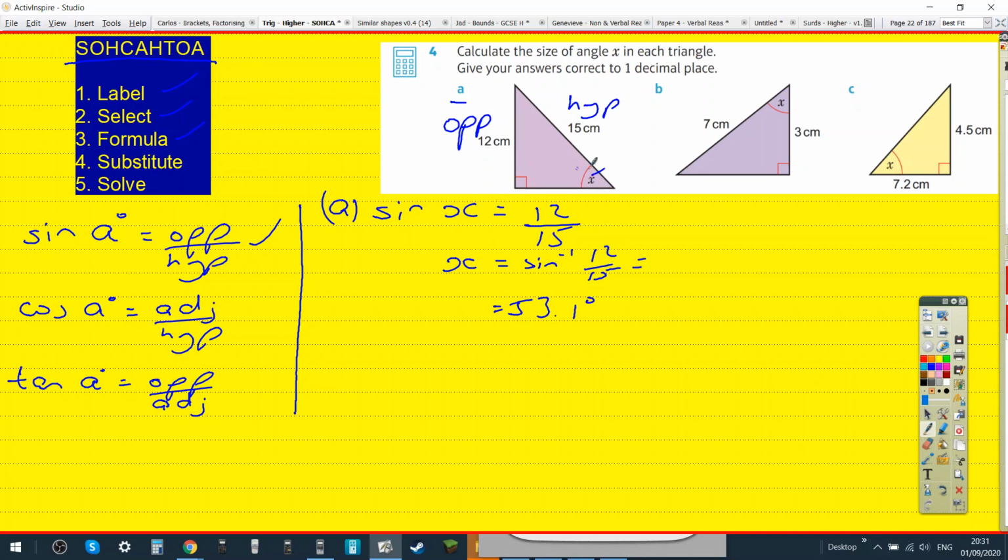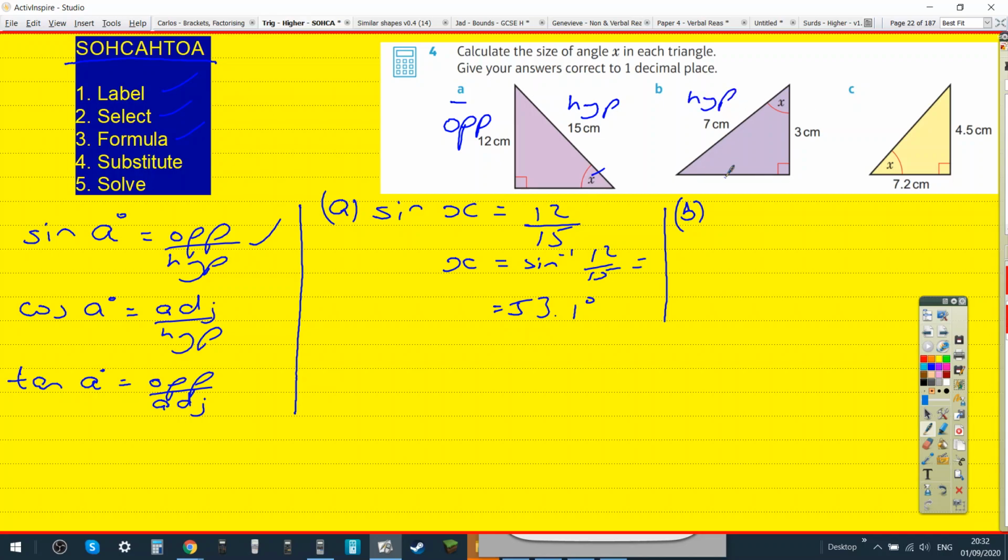So we can use the calculator to calculate the size of the angle if you know 2 of the other sides in a right angle triangle. Okay, question B. Same idea. Is the 7 centimeter one the hypotenuse? Yep.